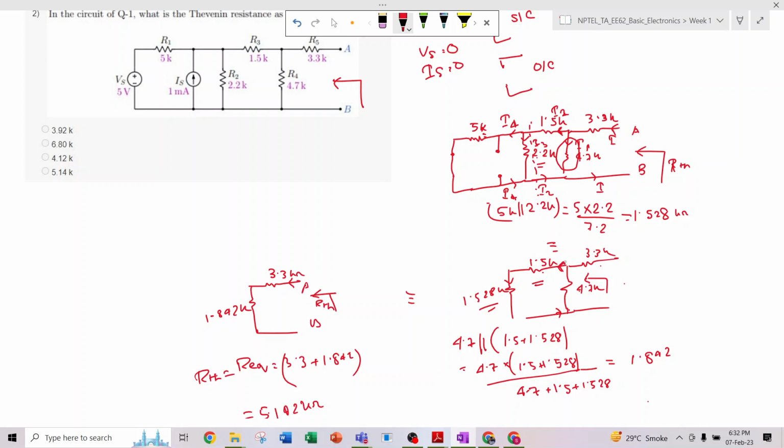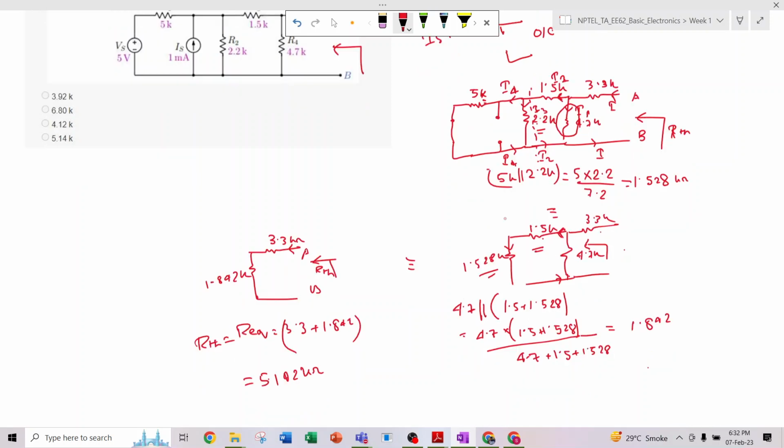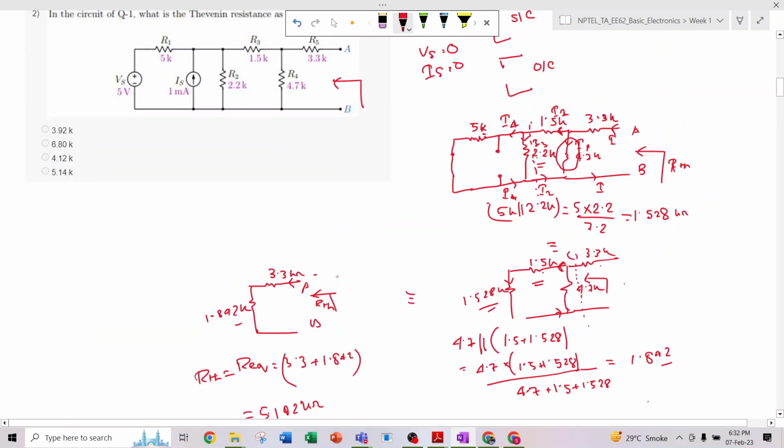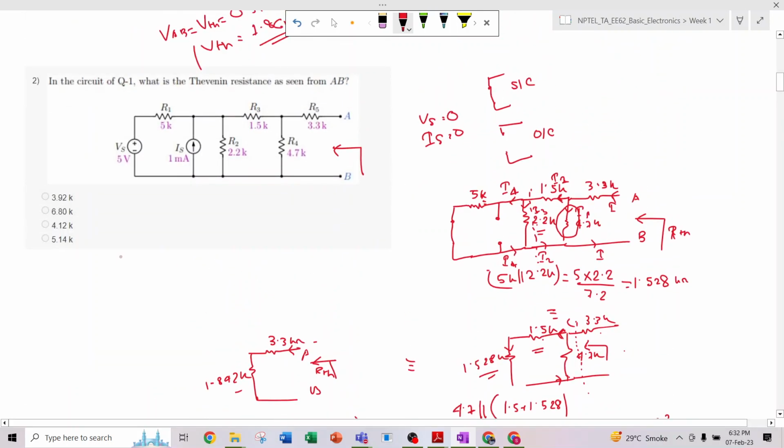These two are in series because the current flowing is the same. So the value till this point is 1.842. Now this 1.842 and the rest of the circuit remains the same, 3.3, and now these two become in series. So the equivalent resistance, RTH, is 5.142 kilo ohm. So according to this, the answer will be 5.14.